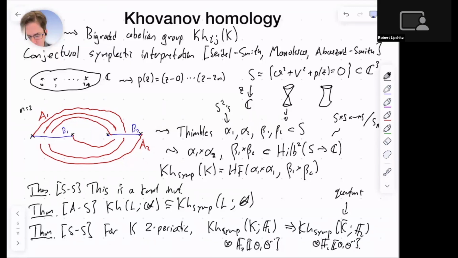Okay. Notice that these two theorems are sort of incompatible in the sense that the Abouzaid-Smith theorem is in characteristic 0, whereas this result relating the knot and its quotient is in characteristic 2.